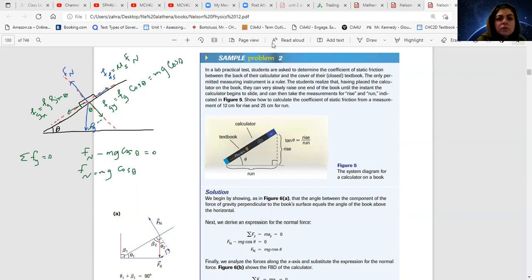The total force in the x direction is going to be 0 as well, right? In the x direction, I have the frictional force, which in this case is positive, mu s times F of n.